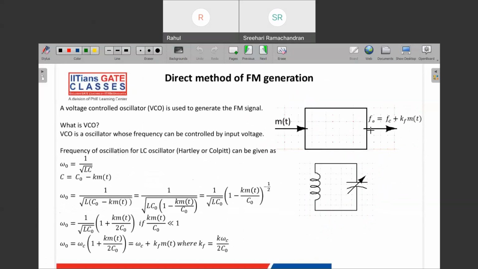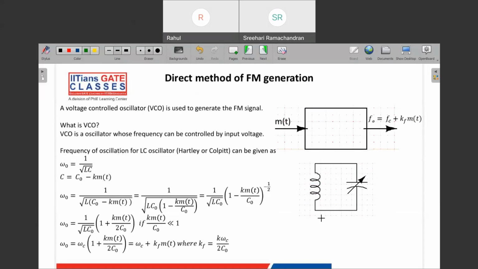Now let's talk about the direct method of FM generation. In this case, we use a circuitry called an LC oscillator. We have this inductor and this capacitor, and with their help we are going to generate the FM signal.